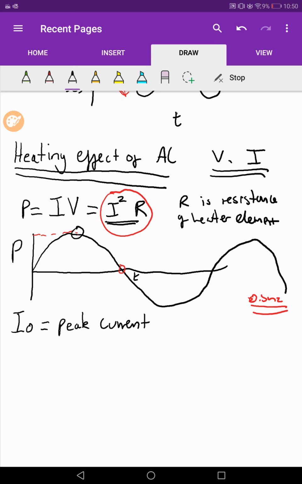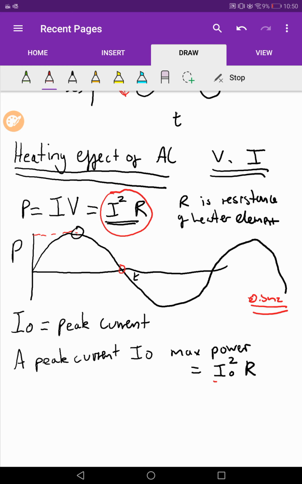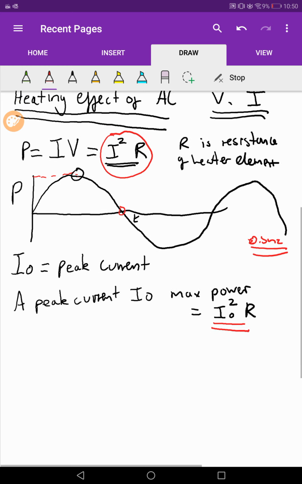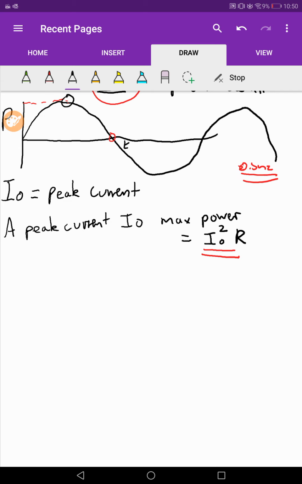So then we have at peak current I naught, max power would be equal to I naught squared R. And at zero current, zero power supplied.